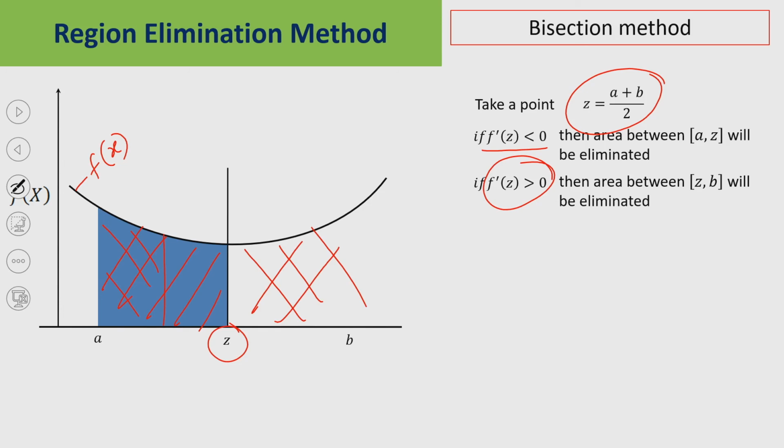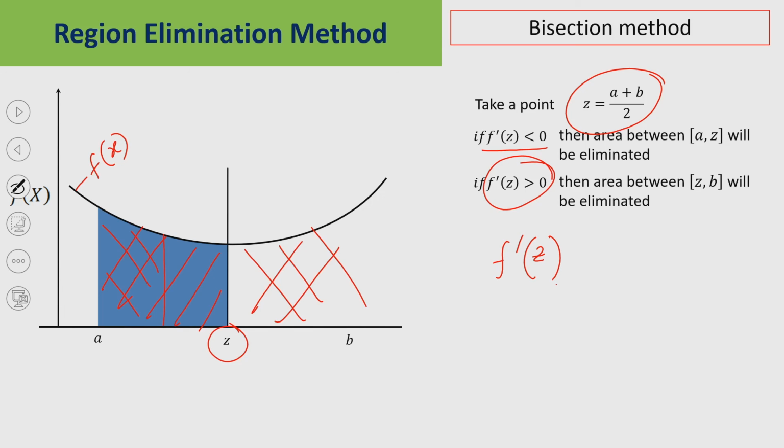Now, the question is that every iteration we are eliminating 50% of the area, because we are taking z at the midpoint. So, 50% of the region we are eliminating here. And every iteration we have to calculate the value of z.